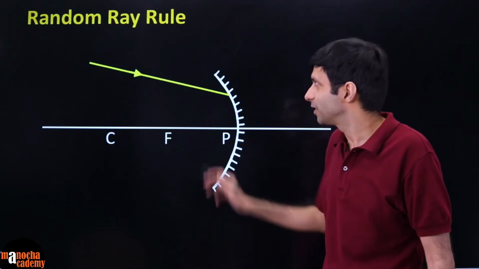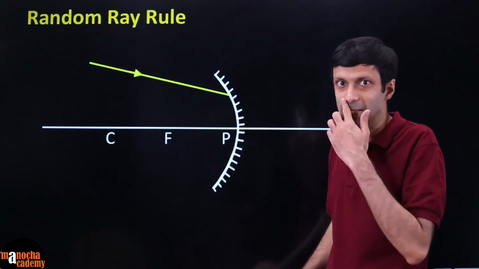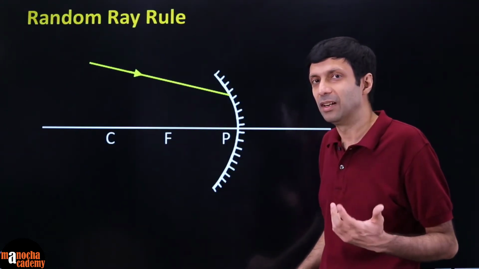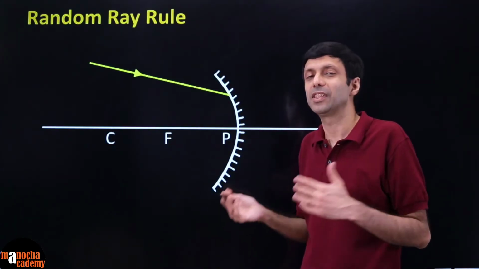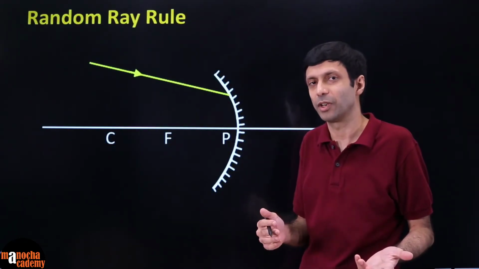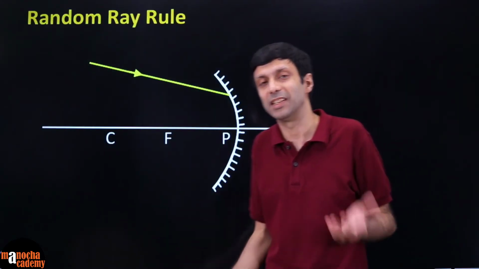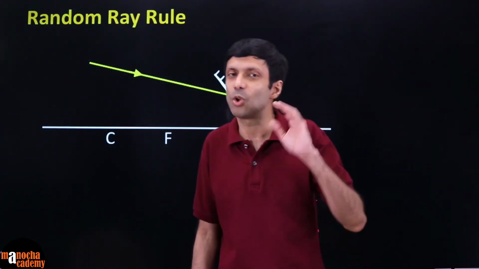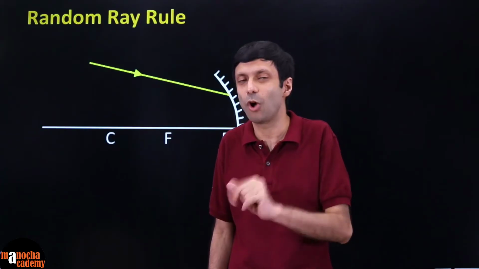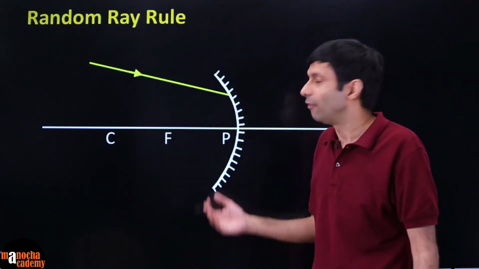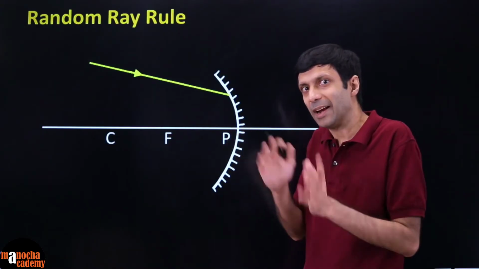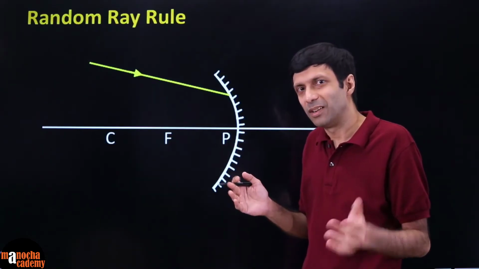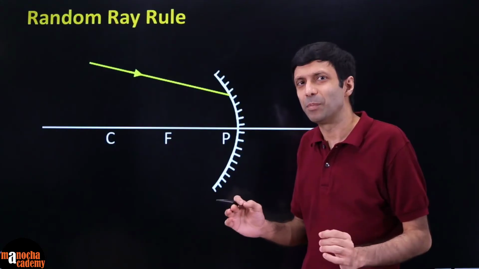The interesting thing is that since this is a curved mirror and it follows the laws of reflection, we really have to measure the angle of incidence and then draw the reflected ray according to that. But how do we measure the angle of incidence? Remember, the angle of incidence is always measured with respect to the normal. So the question is, where is the normal here? This is your light ray. To use angle i equals angle r, you need the normal. How do you get the normal? Very simple.